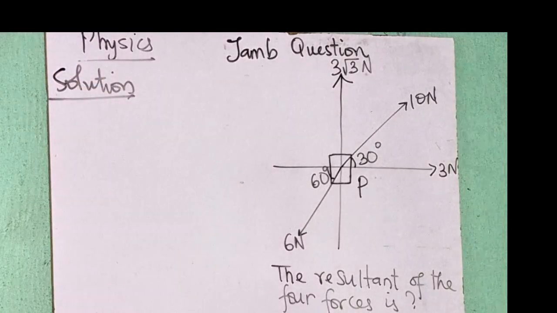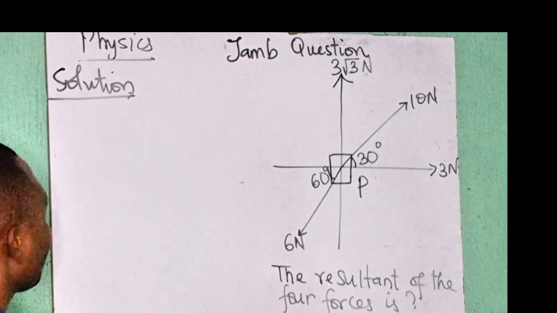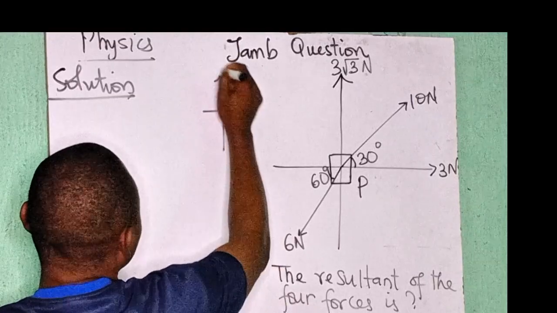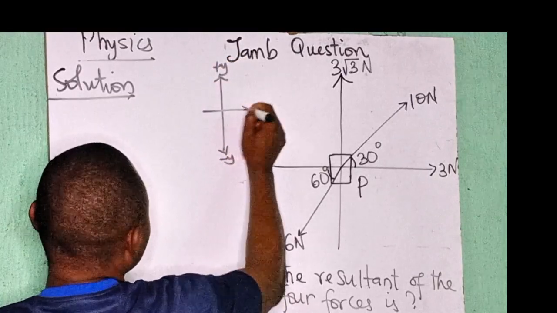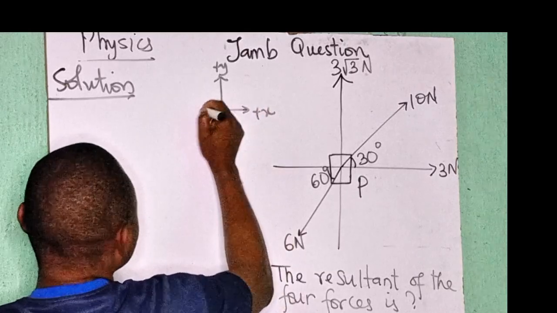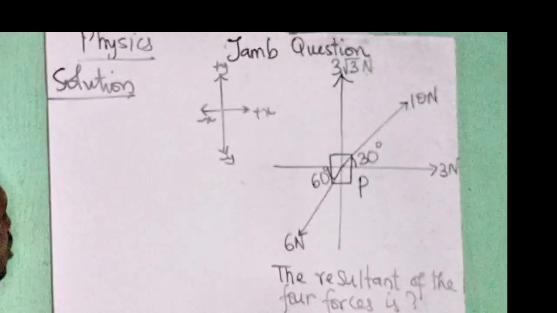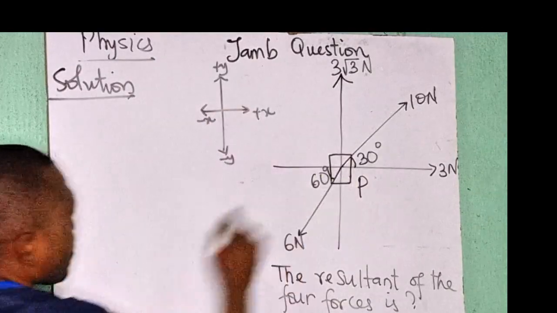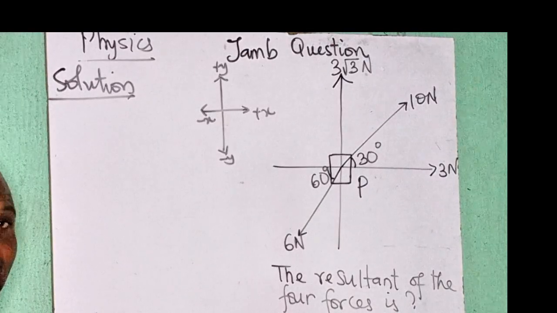Before I start solving this question, I want us to take note of something quickly. If you look at your graph, you have a plus y and a minus y, and then a plus x and a minus x. When resolving questions like this, you resolve horizontally and vertically.